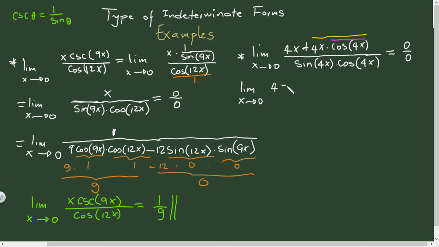First of all, the derivative of 4x is 4 times the cosine of 4x. Plus the derivative of cosine of 4x, it is minus, right? So I'm going to change this one straight to a minus.